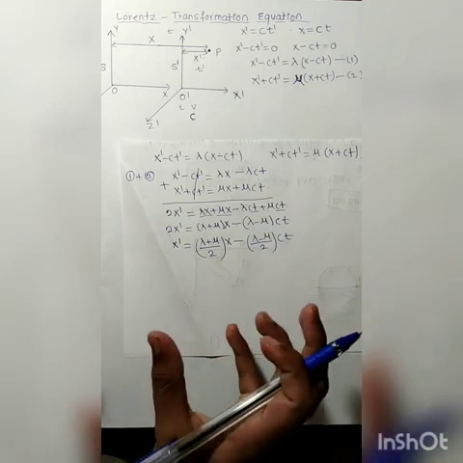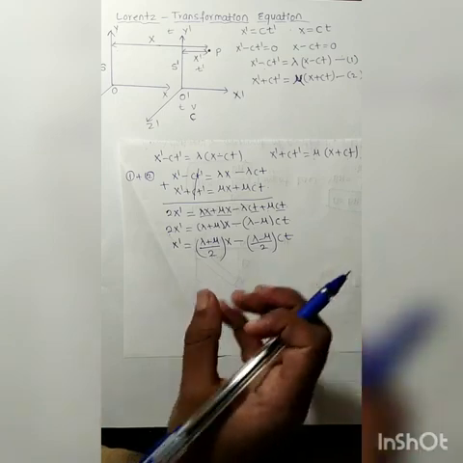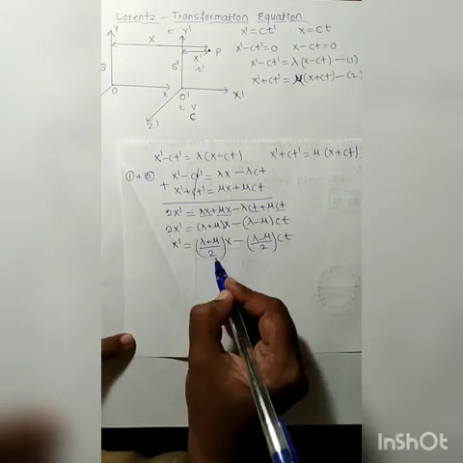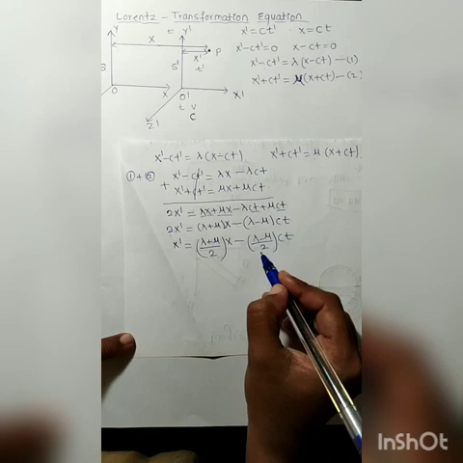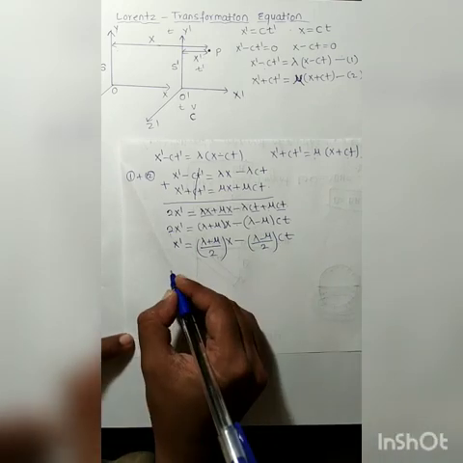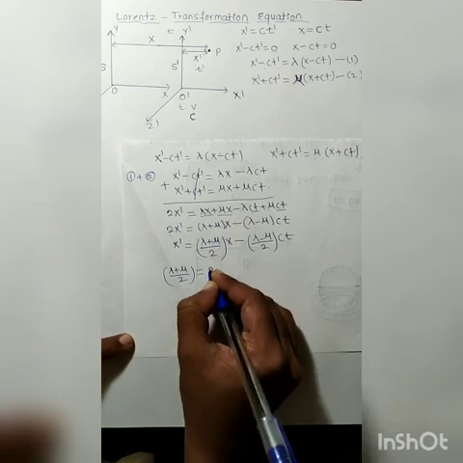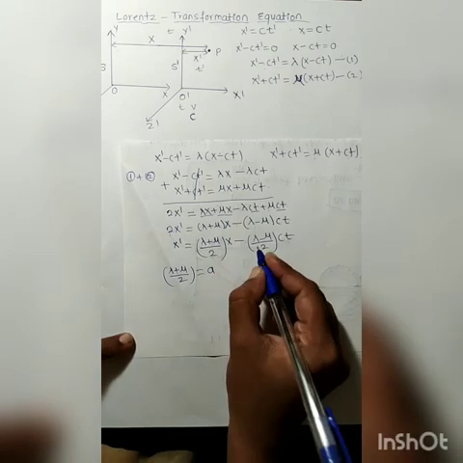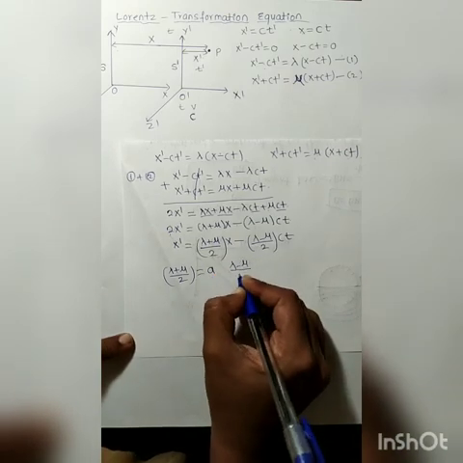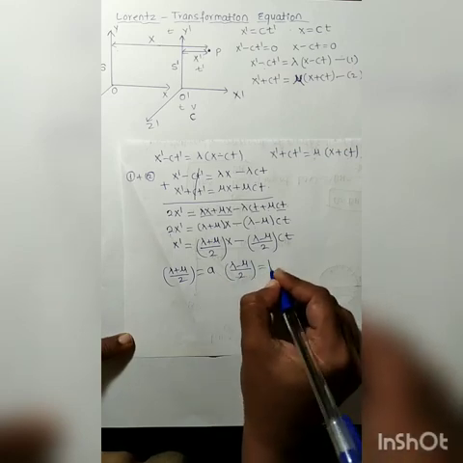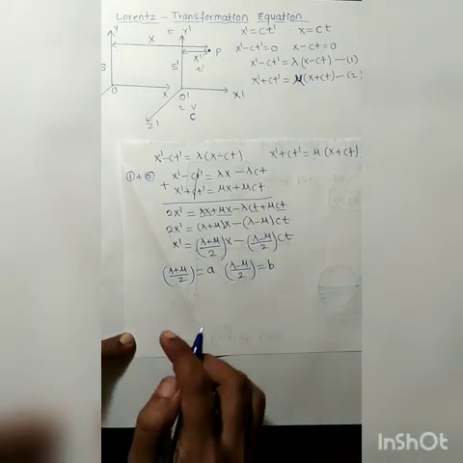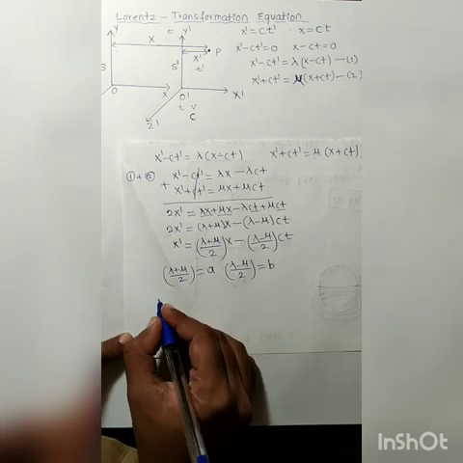So to make it compact, what will I do? I will take this term equal to a and this term equal to b. Means what I will take? Lambda plus mu divided by 2 term is equal to a, I will substitute. At the same time, lambda minus mu divided by 2 is equal to b, I will substitute. So if you substitute like that, what will be your new equation?